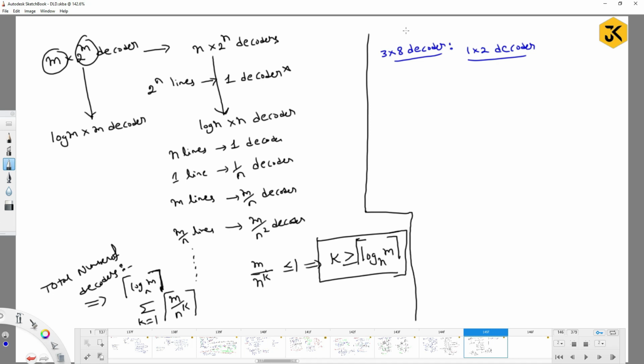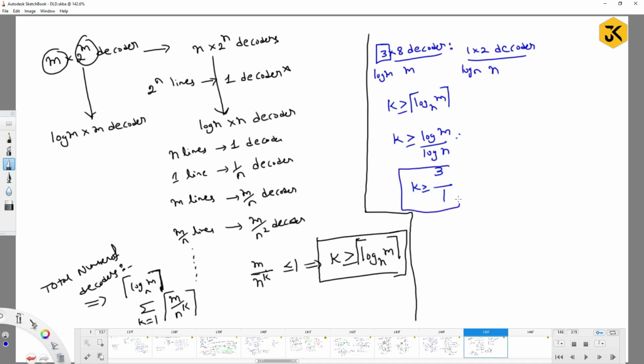How will you get that? k should be greater than or equal to log m to the base n. So can I write this as log m by log n? What is log m? Log m is 3. So I have transformed the formula: this is log m by m, this is log n by n. Log m value is 3 and log n value is 1. So k should be greater than or equal to 3 by 1, that is 3.